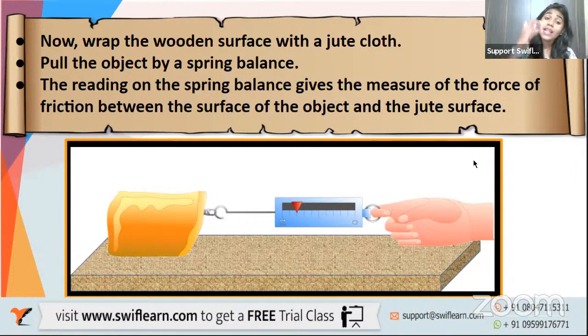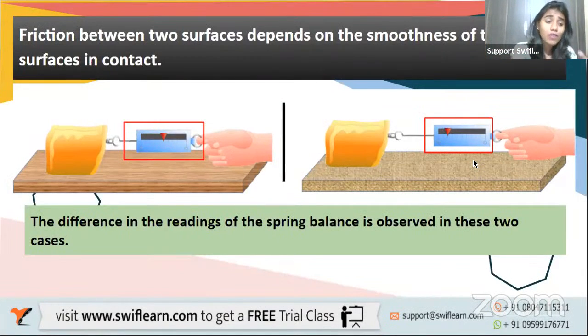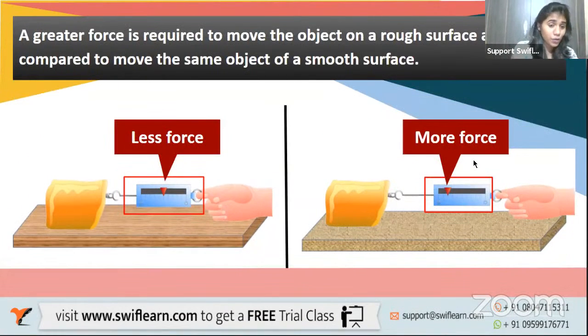And we also know that the reading on the spring balance gives you the measure of the frictional force between both the objects. It is noticed that on the smooth surface less force is required, and the rough surface needs more force to pull the object.